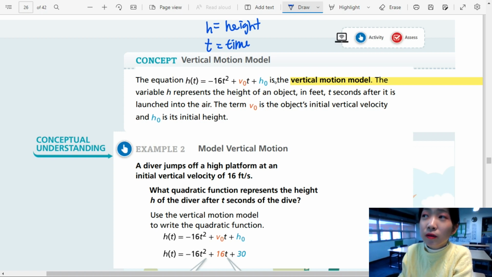The term v sub 0 is the object's initial velocity. So velocity is kind of like speed. And h sub 0 is its initial height. Okay? So let's look at example 2.